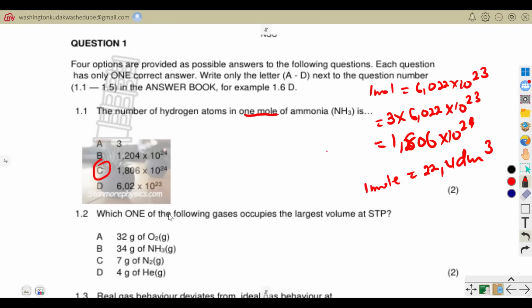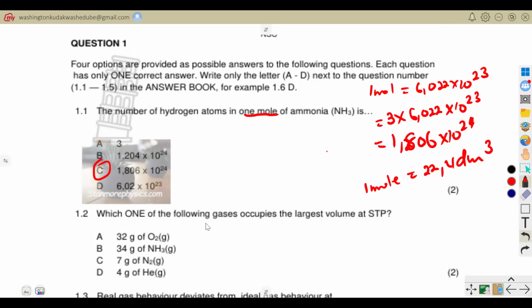Now we are given the masses of each gas. So what we need to do here is determine the number of moles of each gas, so that we can determine which gas carries the larger number of moles. Then the largest number of moles corresponds to the largest volume occupied by that gas.